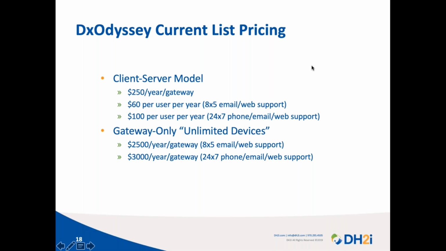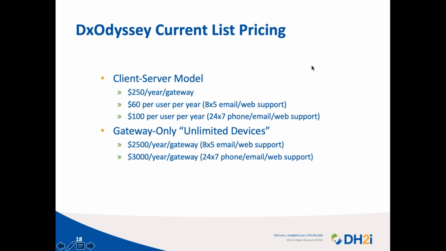The second licensing model is simply licensing the gateways for unlimited users. And similarly, we split this out into the two tiers of support. For the lower tier, $2,500 per year per gateway.